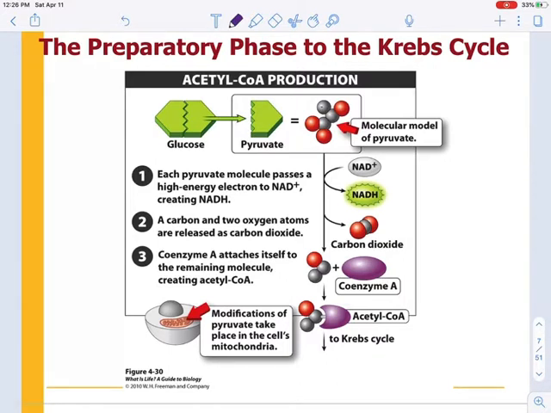Here we take this 3-carbon, 1, 2, 3-carbon pyruvate. We are going to decarboxylate it, so we're going to remove a carbon dioxide from it. Every time in this process we remove a carbon dioxide, we're going to reduce a molecule of NAD plus to form NADH. So every time we release a carbon dioxide, we make an NADH there.